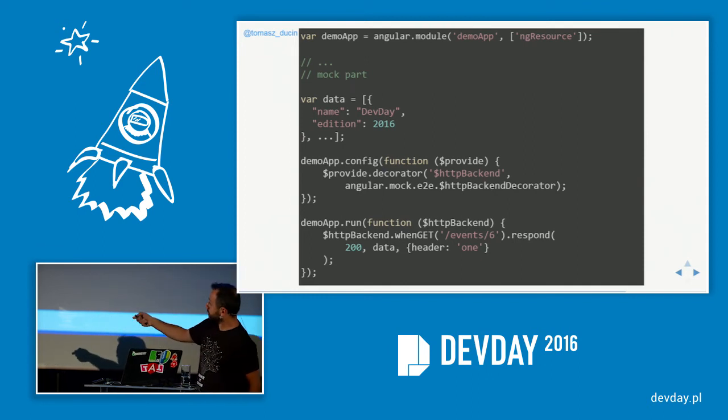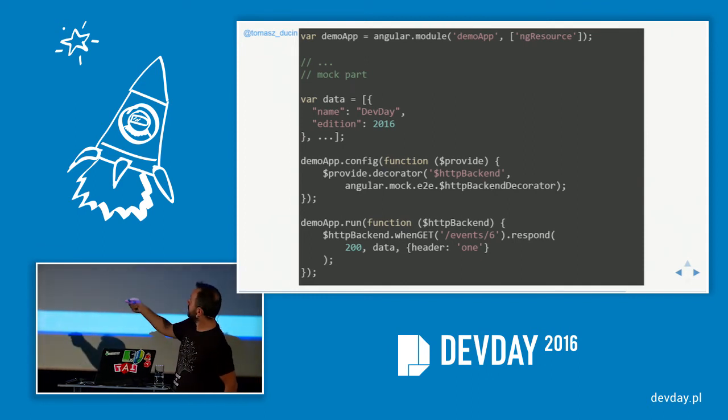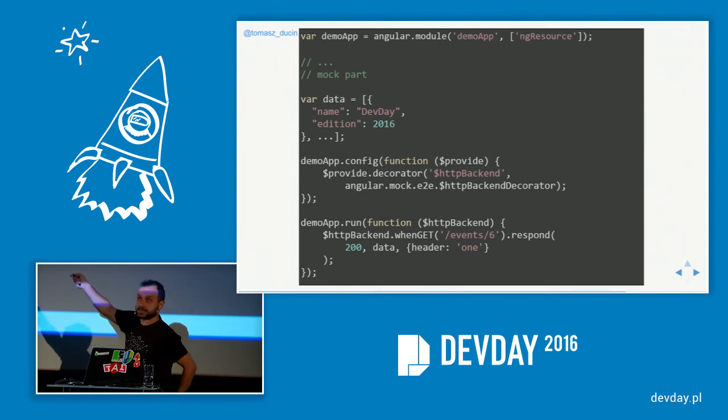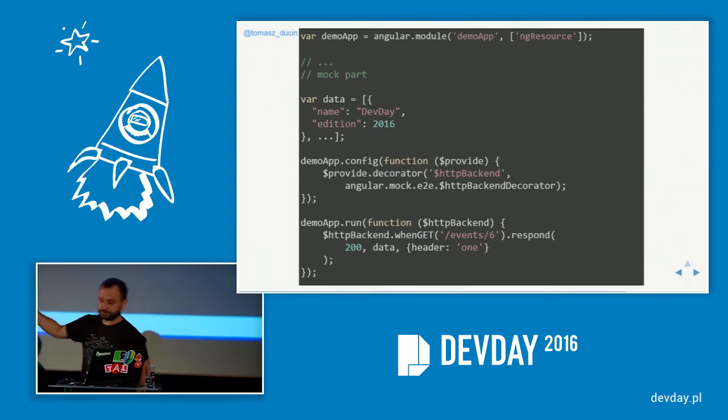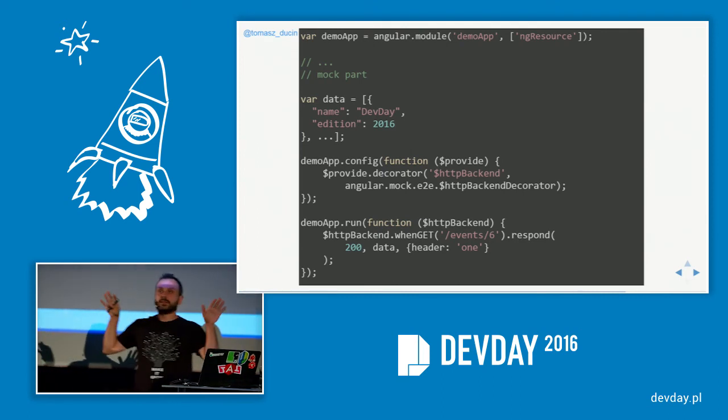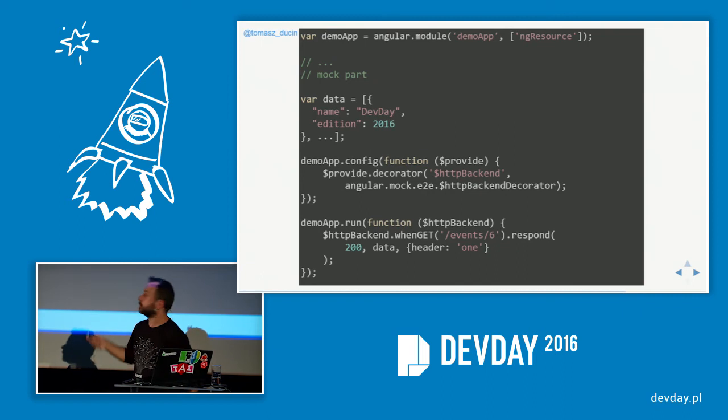When we shoot /events/6, we respond with data, 200 OK, data, and let's say header 1 if you want to. Of course, we can have this as a regular expression. We can react to this value here. So basically, this is the basics of the implementation of backend-less development.